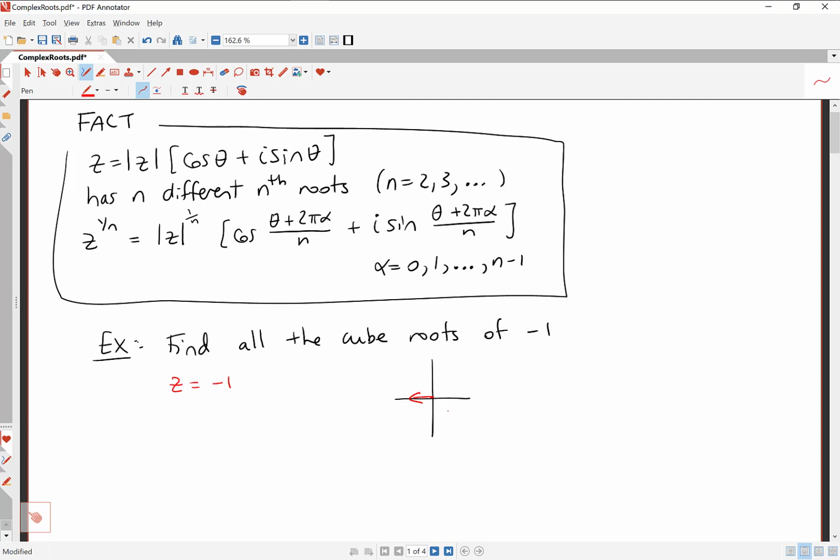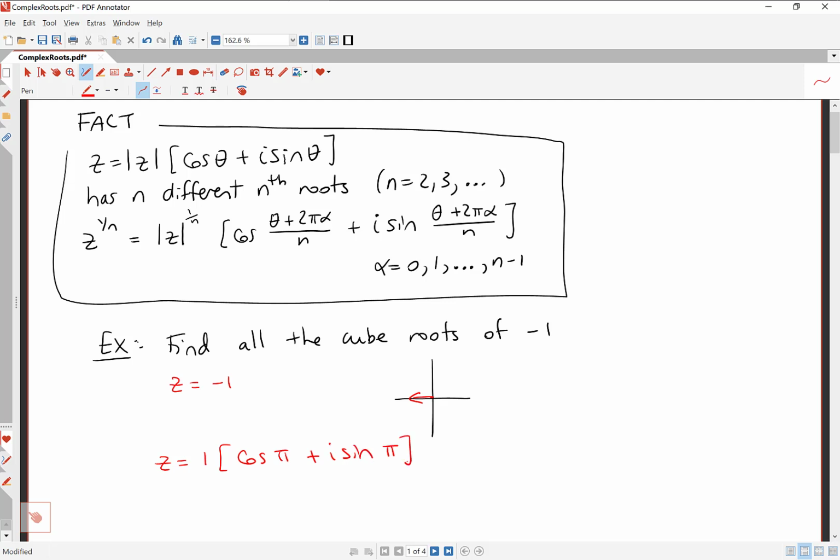And that would allow us to quickly get our polar form because we can see that the length of z is 1, and we can figure out that the angle at which z is sitting is pi. So that allows us to write down our polar form. Length of z is 1, angle is pi, so we would write 1 times cos of pi plus i sine pi to get the polar form.